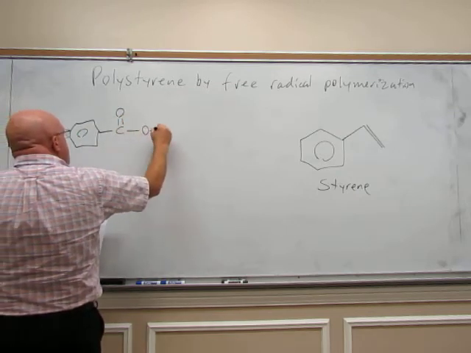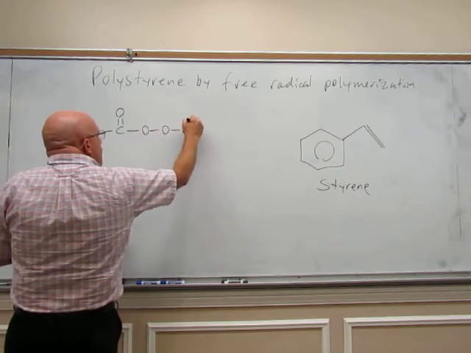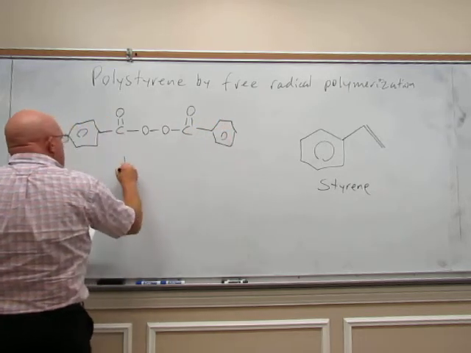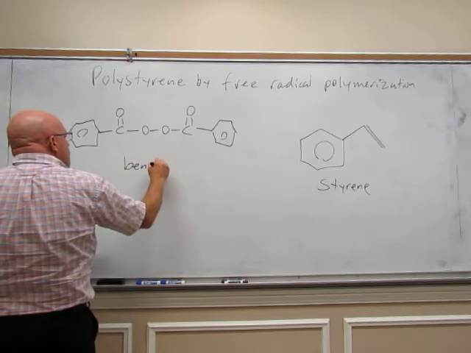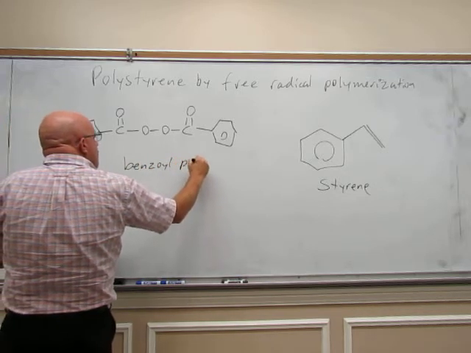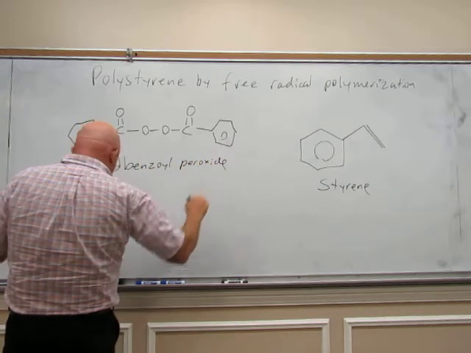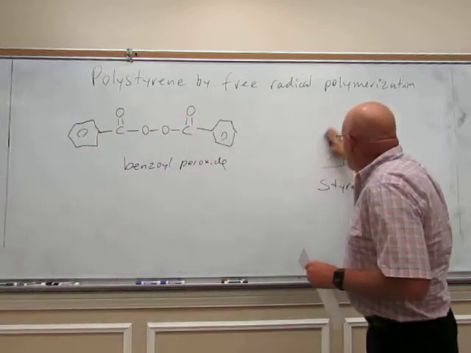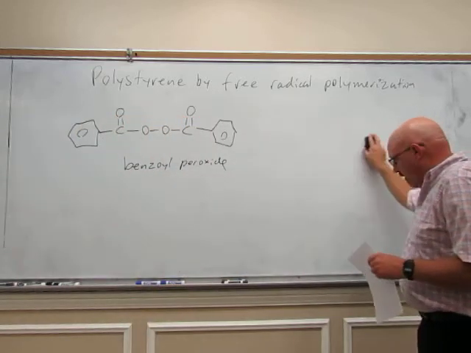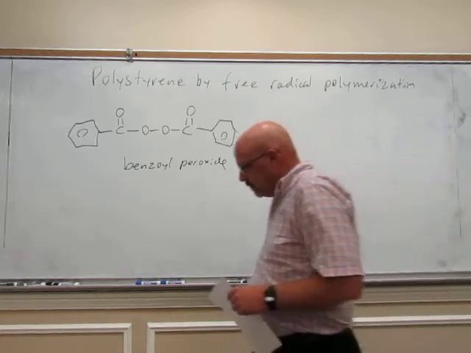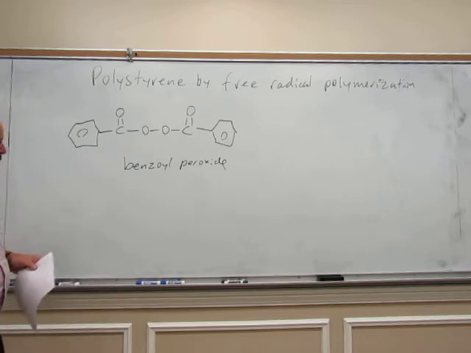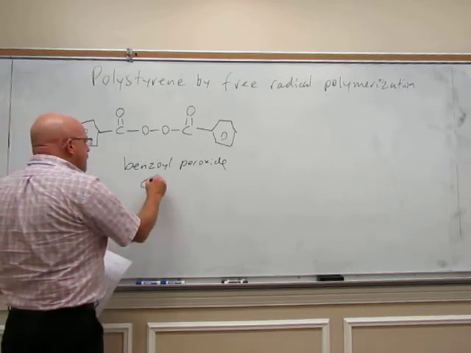And you've probably heard that name before, especially back in your teenage days. Benzoyl peroxide is often used to treat acne, so it's in a lot of your acne medications. But we're going to be using it as a catalyst this week in lab.